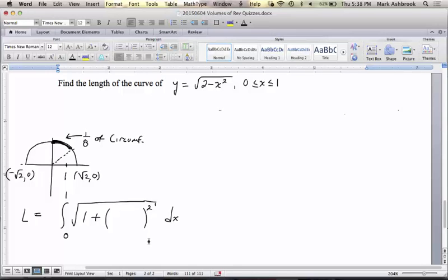Justin, did you get it? I got negative x times 2 minus x squared to the negative 1/2. That's right. That's what you should have gotten. Because we're going to have 1 over 2 times the radical of this thing, and then times negative 2x. And then your 2's cancel. So that's the derivative, dy dx, for that.